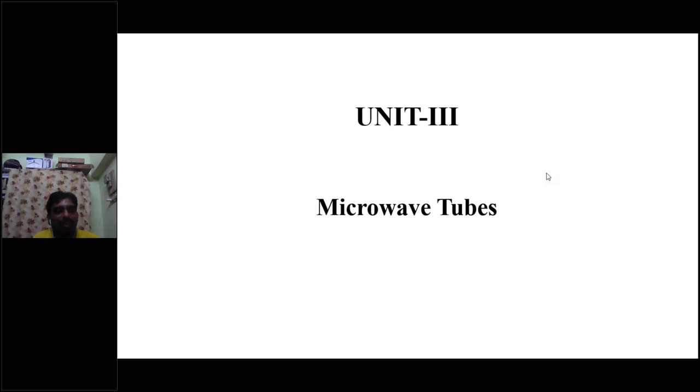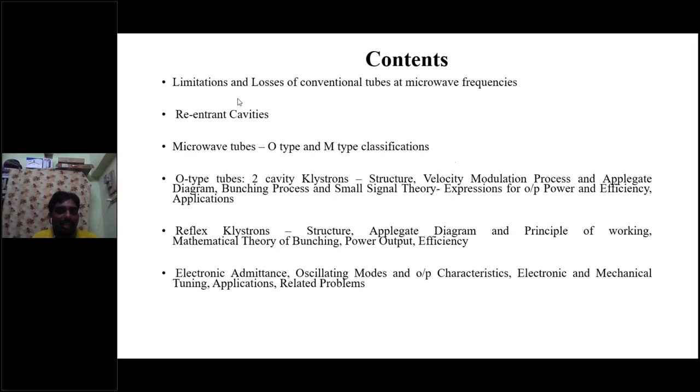And next we can take our real-time applications, where the RF industry, the radio frequency industry, implements different types of systems for real time using this microwave frequency. That frequency tubes are different, and this case we are going to discuss in our third unit.